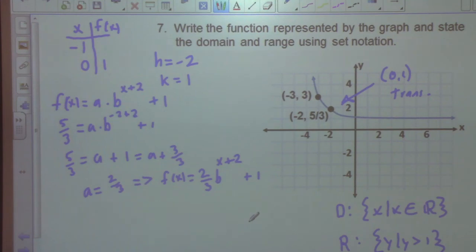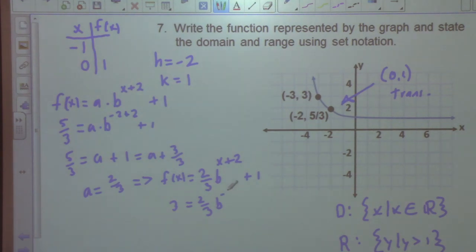What next? Plug in the other point. Plug in this point here, so we have 3 equals 2/3 b to the power of, well, we're given x, right?